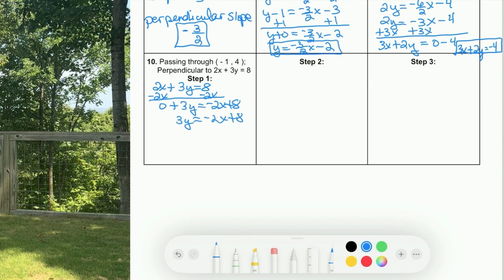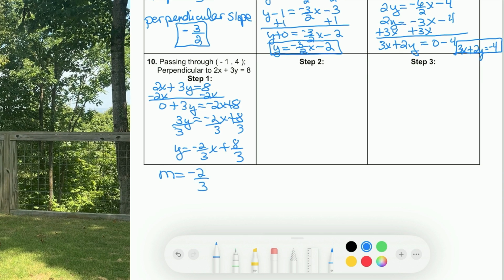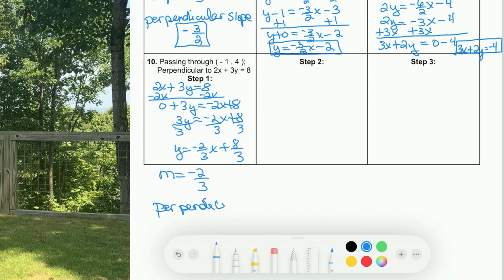Now I'm going to divide everything by the 3. And I end up with y equals negative 2/3 x plus 8/3. Our slope is the negative 2/3. But we need a perpendicular slope for the next part.